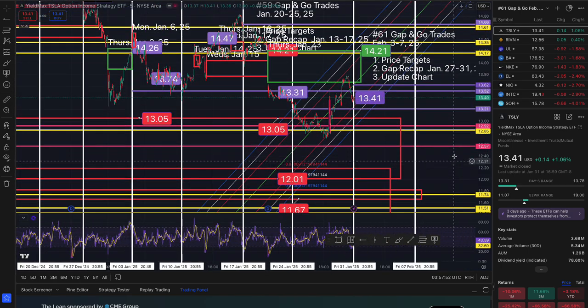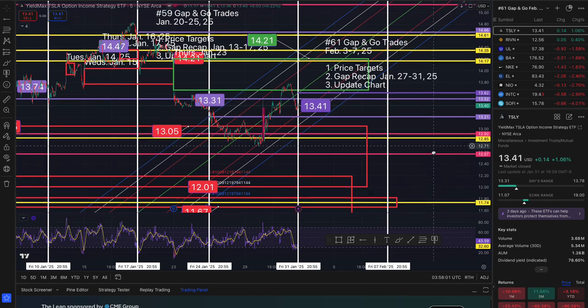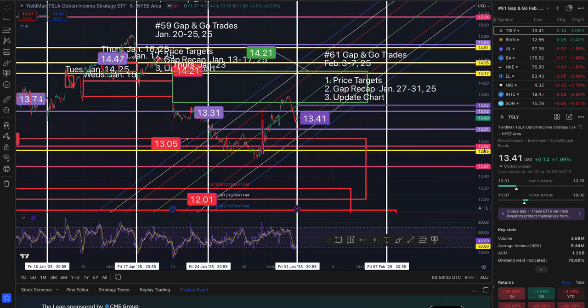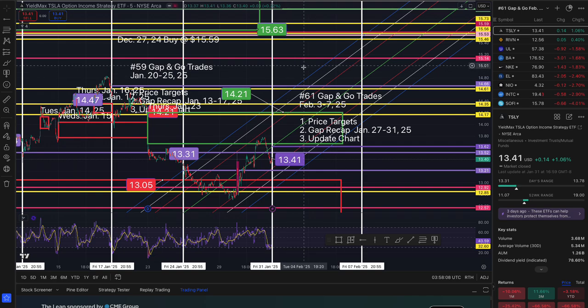But right now, again, we're on an upward channel. And this one, what I might do is, for the lot that I bought at $12.92, I might set a sell limit at maybe $15.14 again, or maybe up here, $15.48.